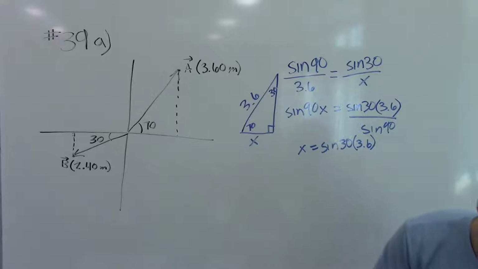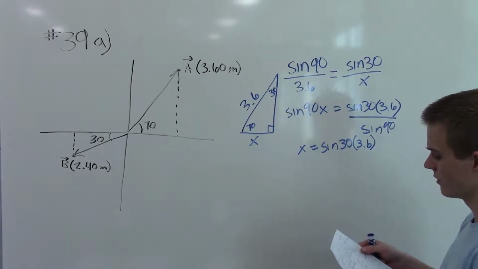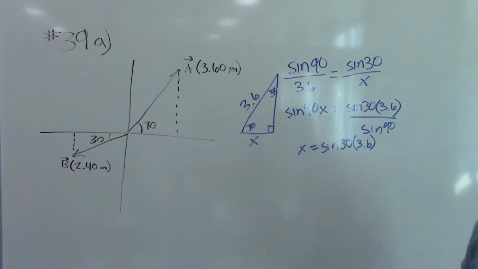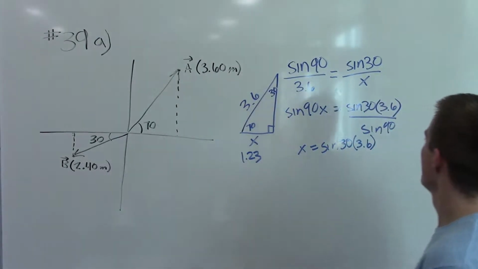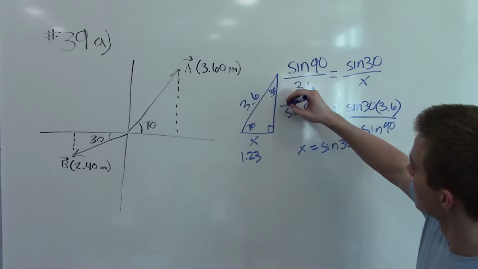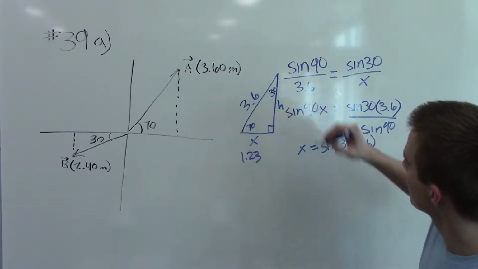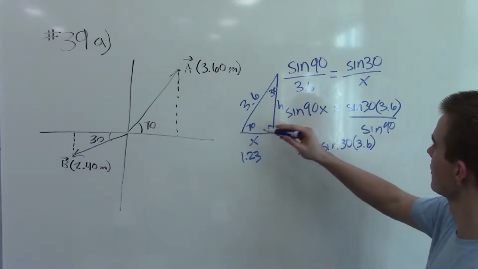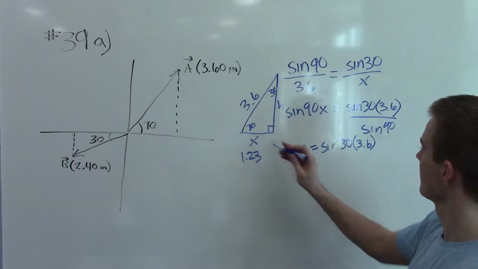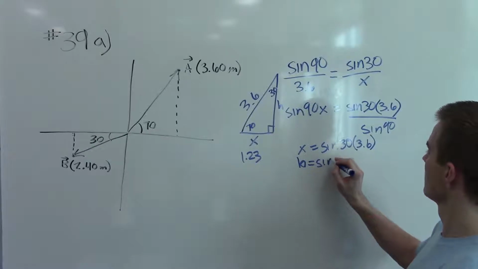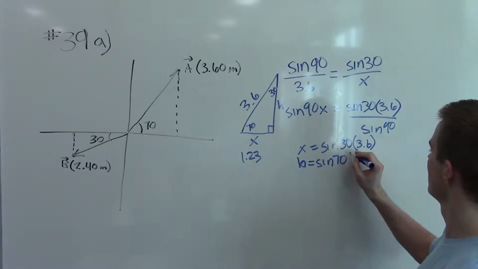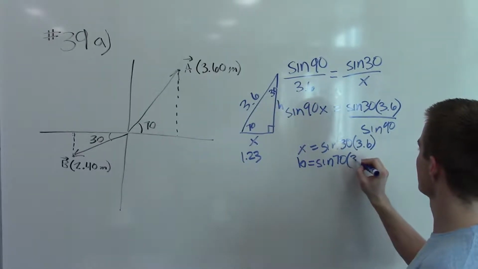And that comes out to be 1.23. So now we know that that is 1.23. Next, you're going to try to solve for this. We'll make it h. So you're going to do the same thing, but with sine of 70 instead. So h equals sine of 70 times 3.6.